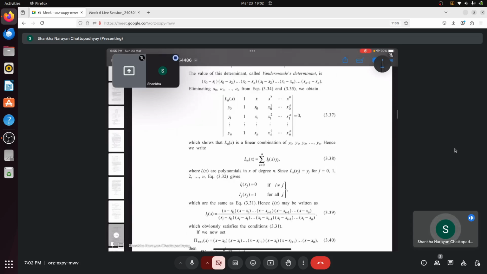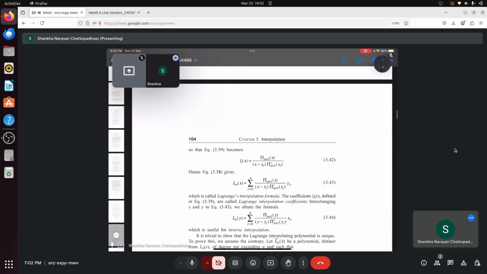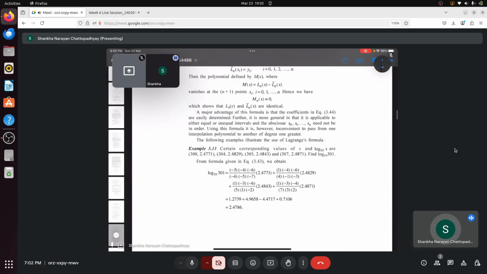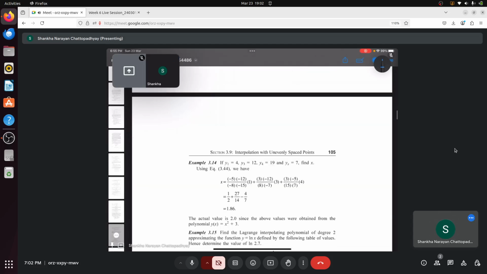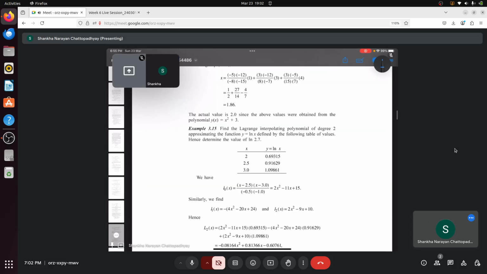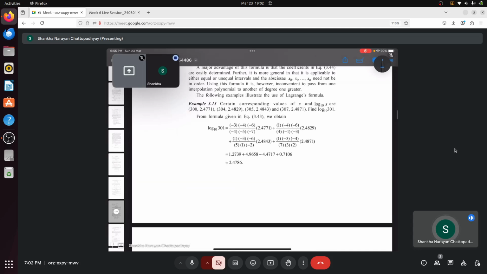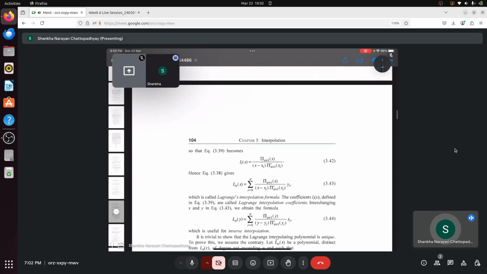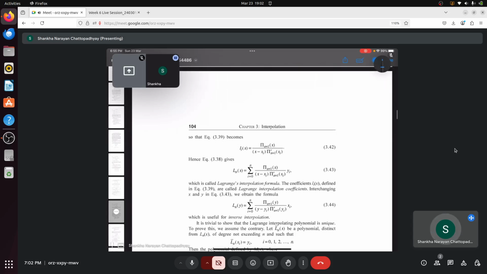I will not go into the theory part in detail. Rather I will focus broadly on a problem. So see how the interpolation formula looks, Lagrange's interpolation formula.